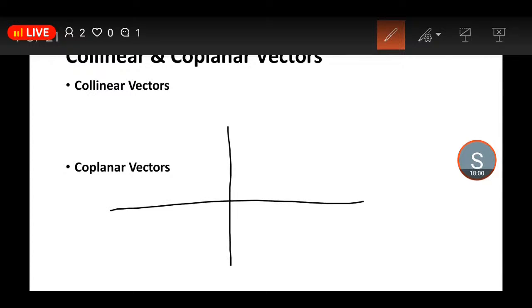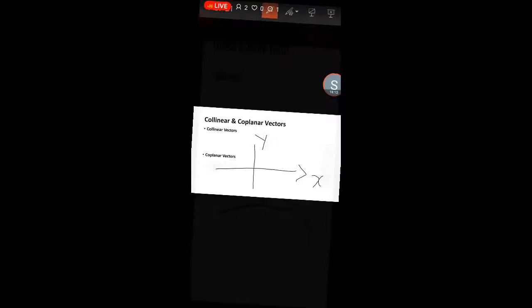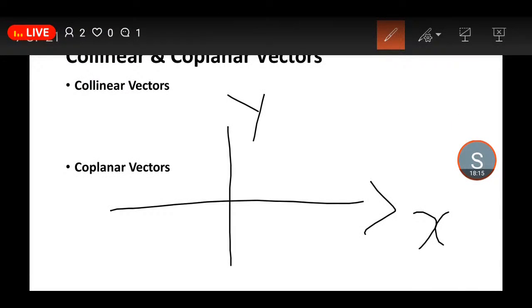And coplanar vectors: the vectors which lie in the same plane are called coplanar vectors. Take the xy axes. This is the x axis, this is the y axis, this is minus x. If vectors lie in this plane, these types of vectors are called coplanar vectors.